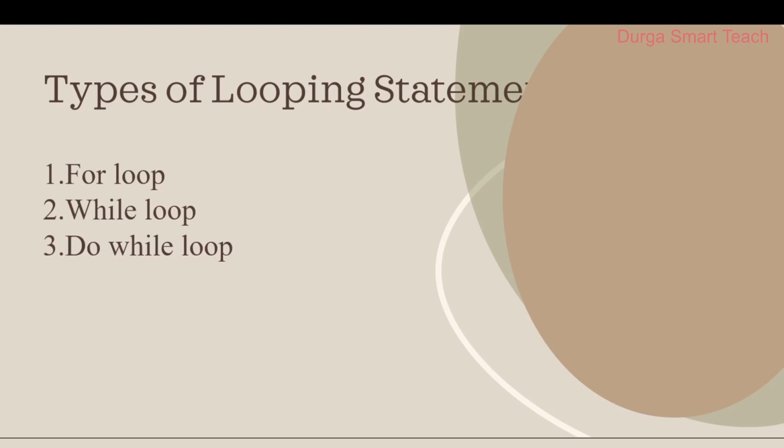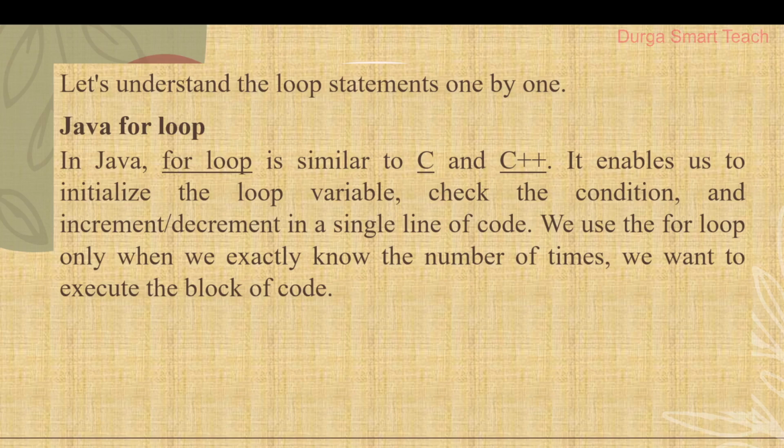These three looping statements are used for performing the same task multiple times, but the difference is based on syntax. Syntax wise these differ. So let's see the first one, the Java for loop. In Java, the for loop is similar to C and C++.